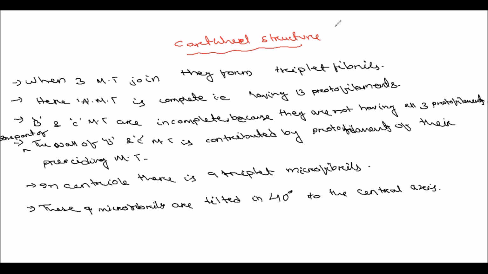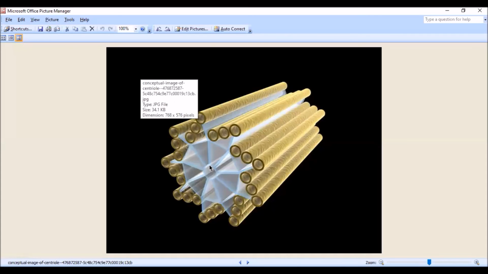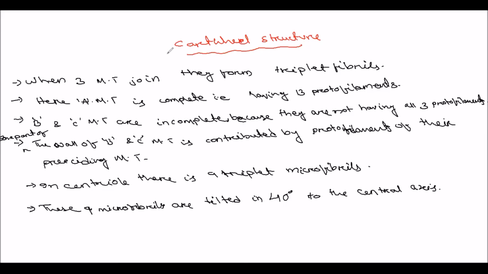If you see the structure, this is the central axis, and with the central axis there will be a 40 degree angle here. That's why we are writing that they are tilted at 40 degrees to the central axis.